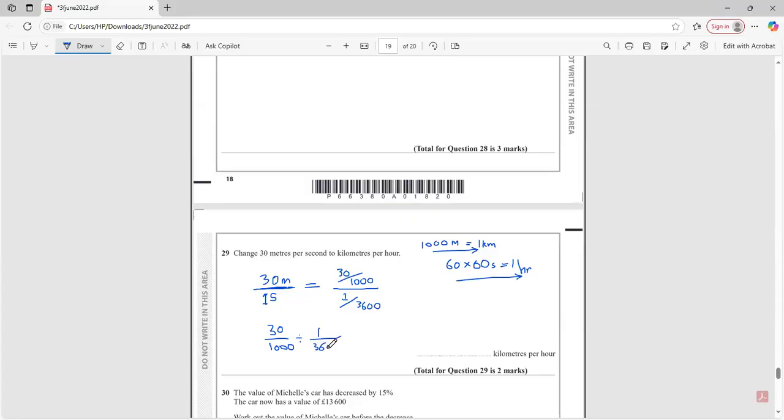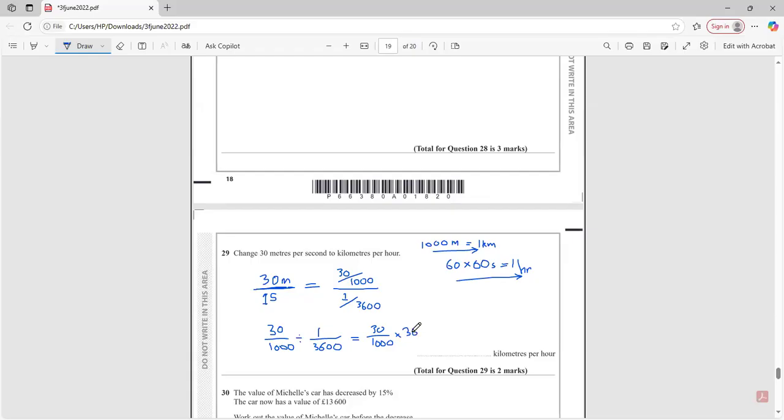And guess what's going to happen? When you change that division sign to multiplication, it's going to leave us with this. 30 over 1,000 times 3,600 over 1.